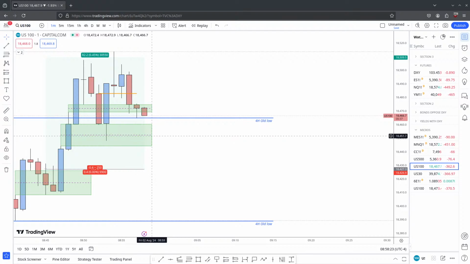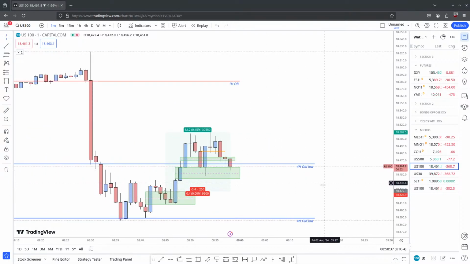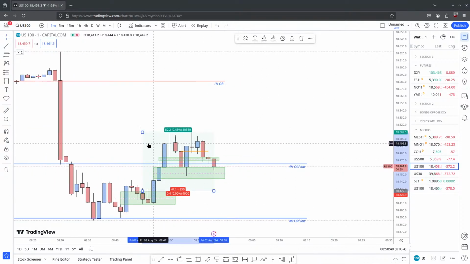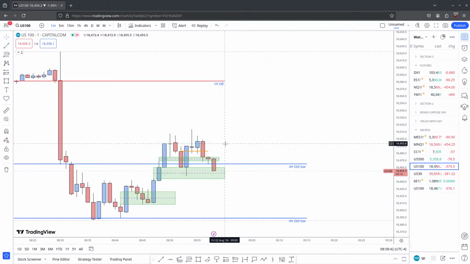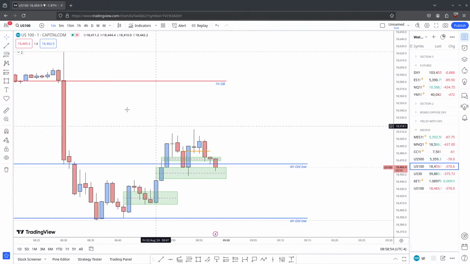Looks like it wants to go into this lower fair value gap one more time. Could also clear this off here because we did hit that take profits. This could also be all that they give to the upside.